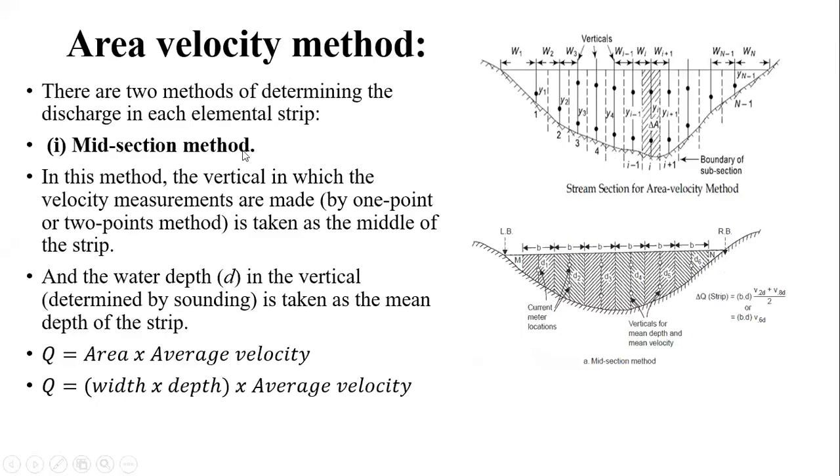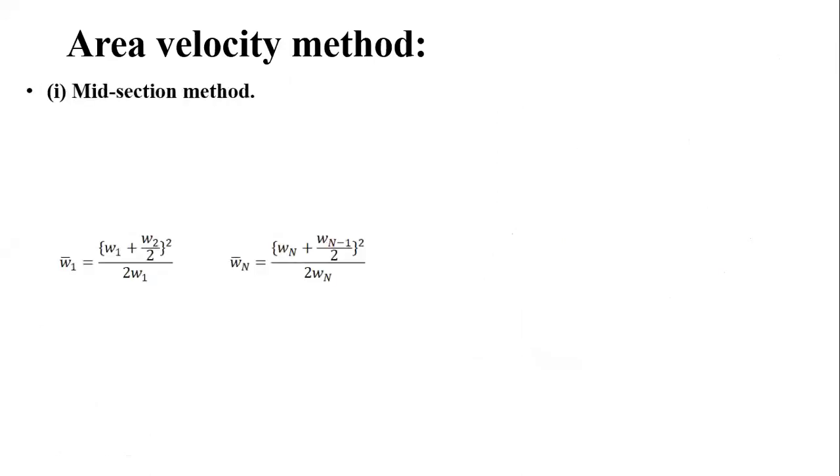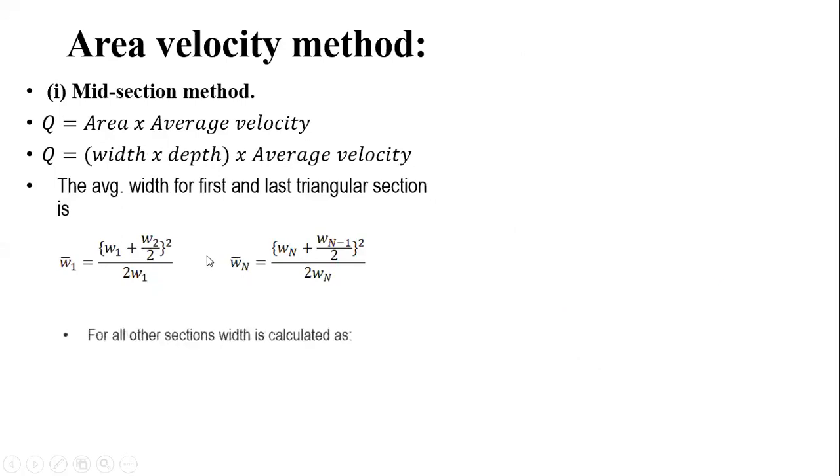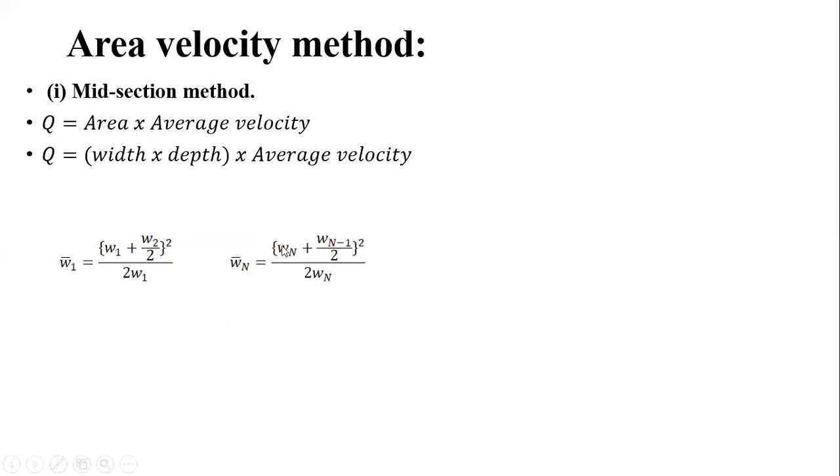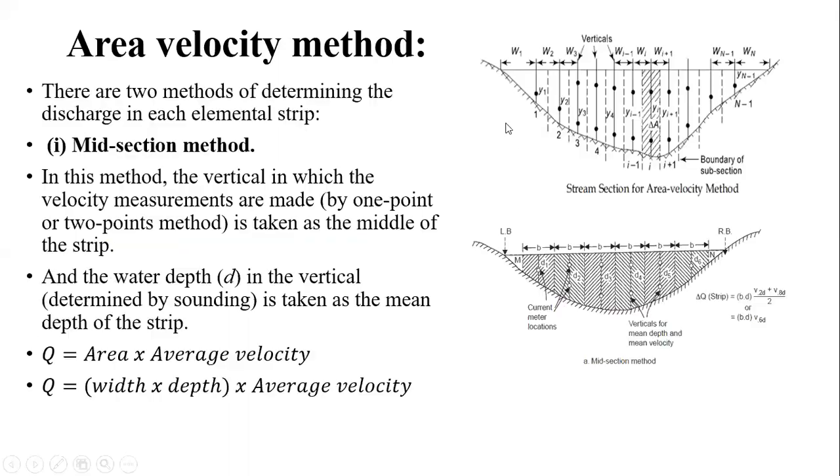The second method is the mean section method. Continuing to that, in the mid section method, then the average width of the first and last triangular section, because हमने जो वहां पे देखा था, वहां पे क्या हो रहा था, जो हमारे स्टार्टिंग वाले और एंड वाले जो दो सेक्शंस थे, वहां पे ट्रायंगुलर सेक्शन फॉर्म होता है. यहाँ पे देखो, that is a triangular portion, and here also it is a triangular portion. All others are nearly rectangular portions, isn't it?